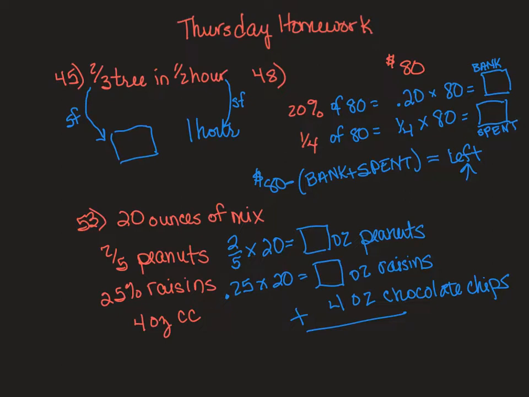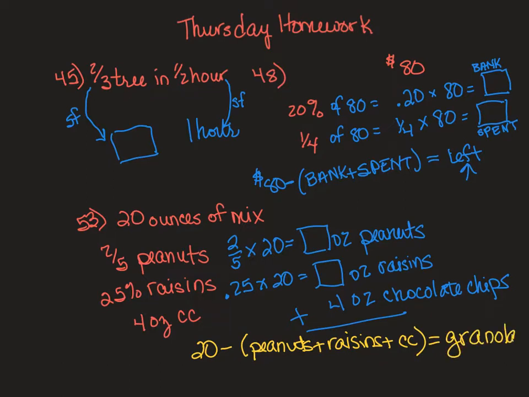So I can take 20 ounces and subtract the peanuts plus the raisins plus the chocolate chips, and I would get what is left to be the ounces of granola. Okay, and that's it. That's all you need.